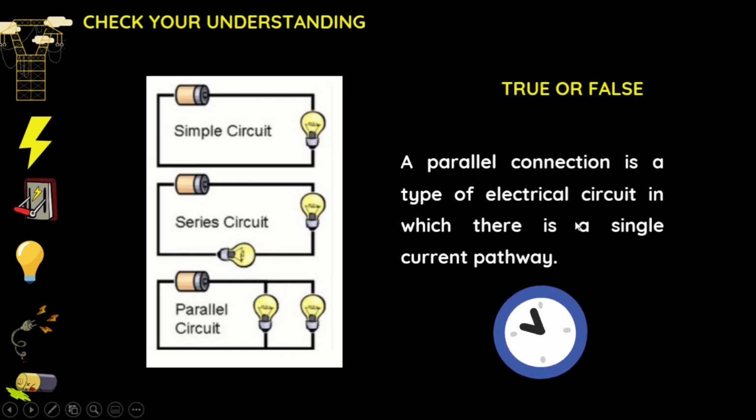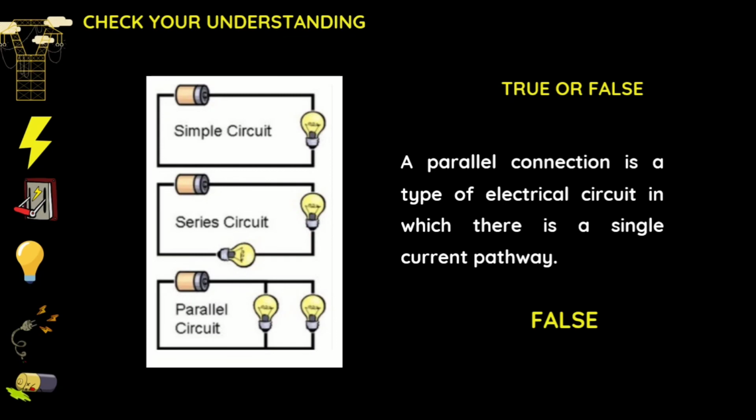Again, the statement is a parallel connection is a type of electrical circuit in which there is a single current pathway. For this statement, the answer is false, because the connection with a single current pathway is a series circuit.